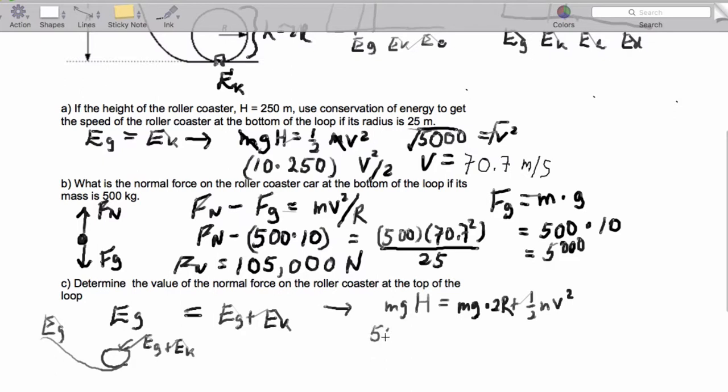So 500 times 10 times 250 equals 500 times 10 times 2 times r, which ends up being 50, plus 1/2 times 500 times v squared. So let's multiply a little bit of this out. I'm going to get some big numbers.